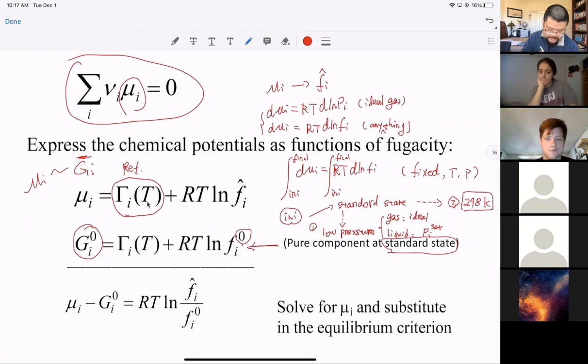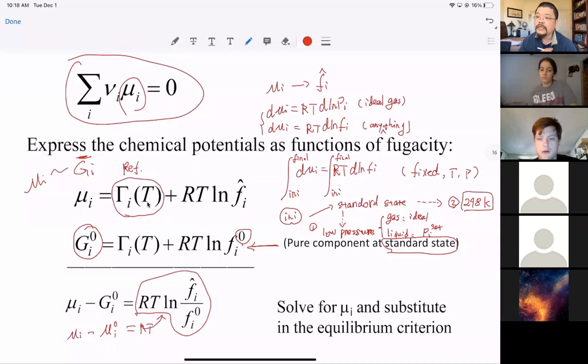And over there, you can see this is mu I, or if you want, mu I naught. Then this would be RT. This would be exactly the same expression I have over there, and that is the equation we've utilized multiple times in the past lectures.